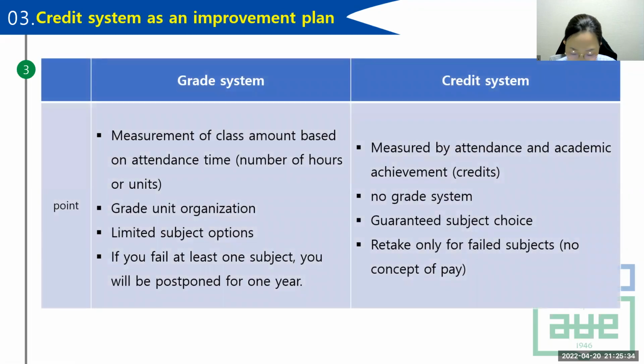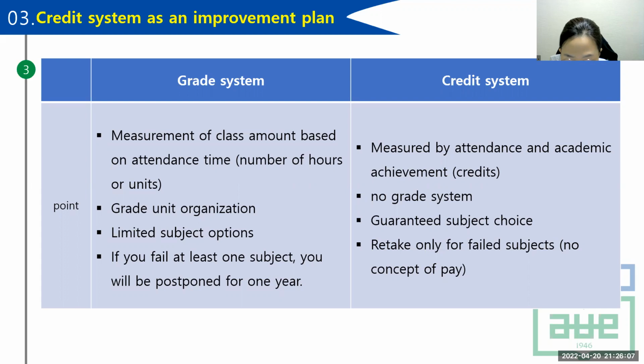The comparison between the academic year system and the credit system is as follows. The academic year system measures the amount of lessons based on the attendance time. However, the credit system measures class volume as a result of attendance time and academic achievement. The academic year system organizes the curriculum by the grade level, but the credit system does not set the grade level.